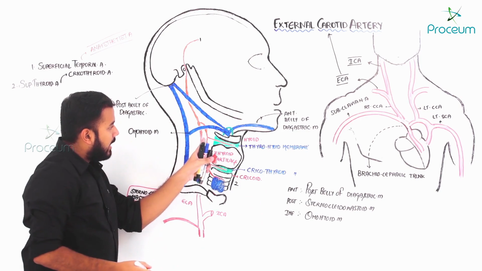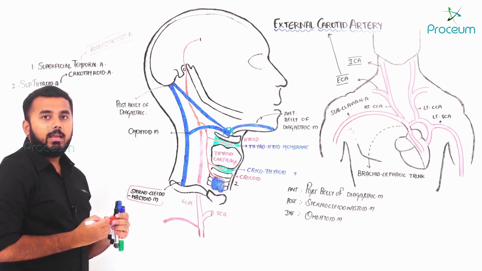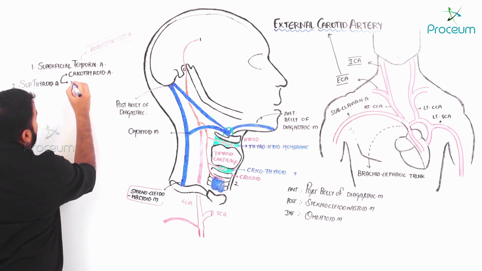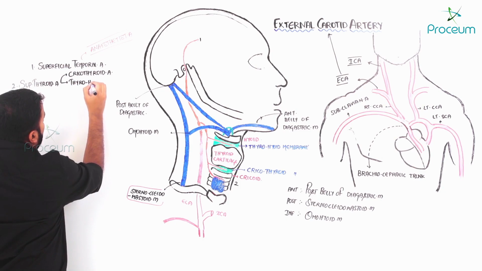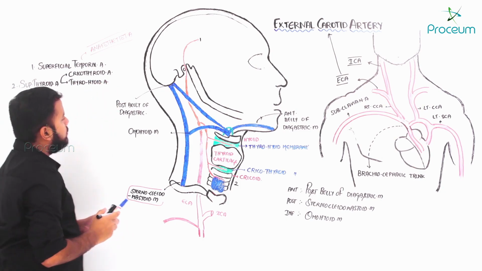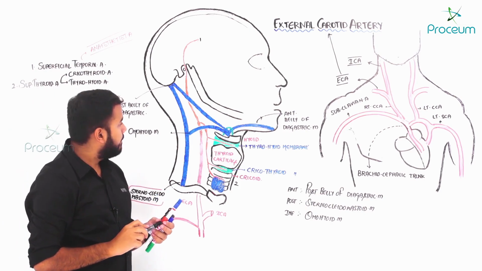Thyroid membrane. So can I call it the thyroid artery? Another branch is called the thyroid artery.